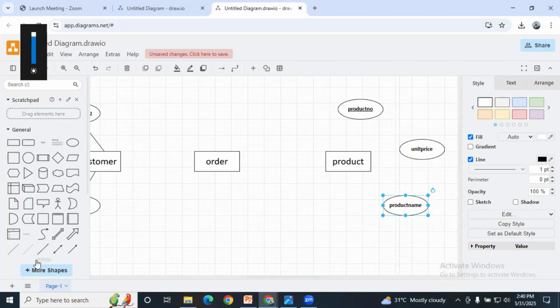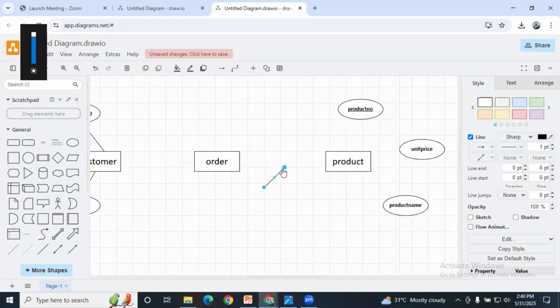Goes to here, and you want to assign that attribute to the correct entity.